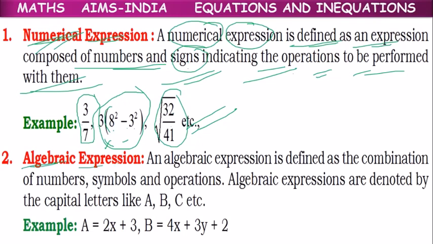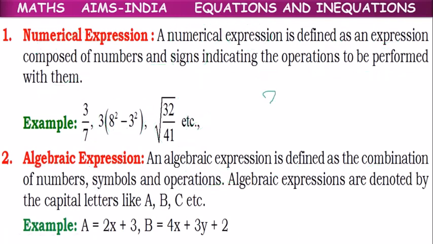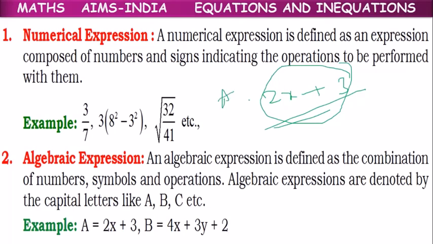So next, algebraic expressions. An algebraic expression is defined as a combination of numbers, symbols, operations. Suppose 2x plus 3, it's an algebraic expression which is named with capital A. Capital A equal to 2x plus 3.